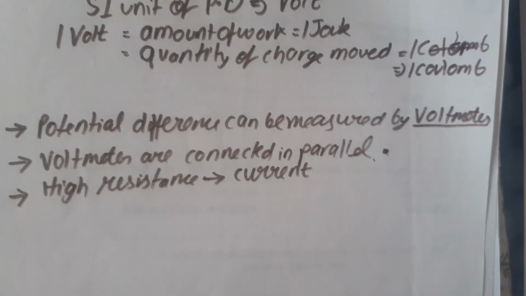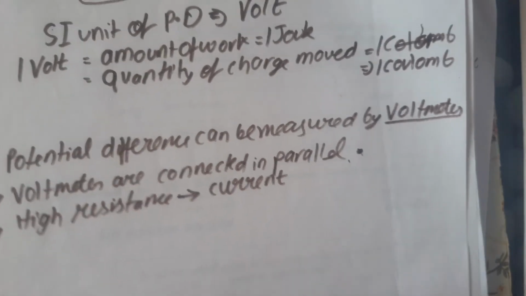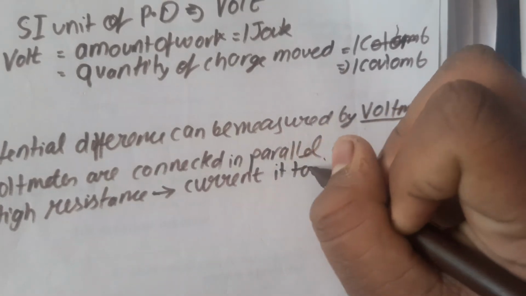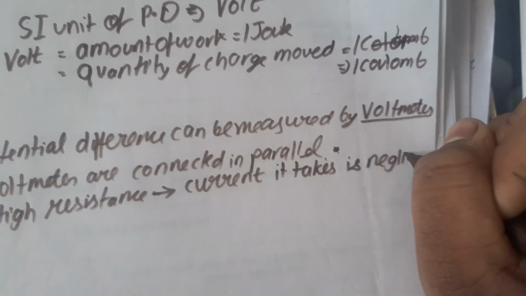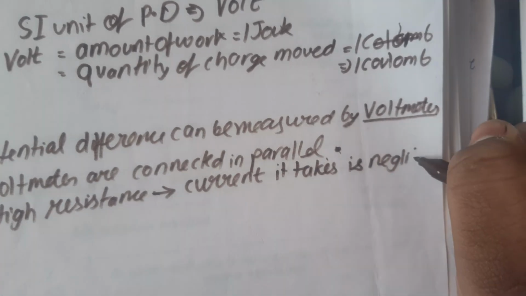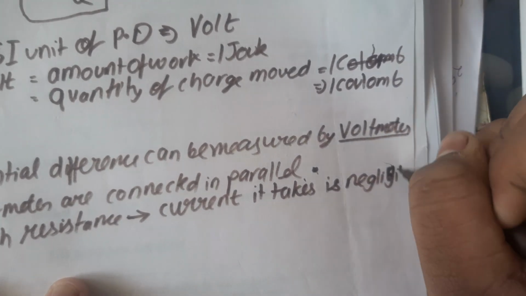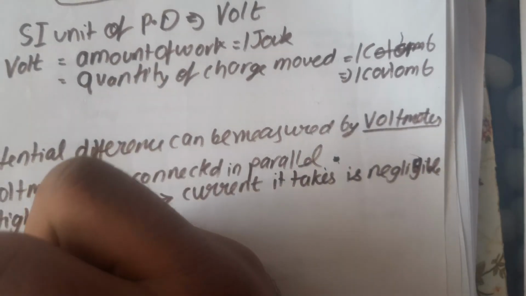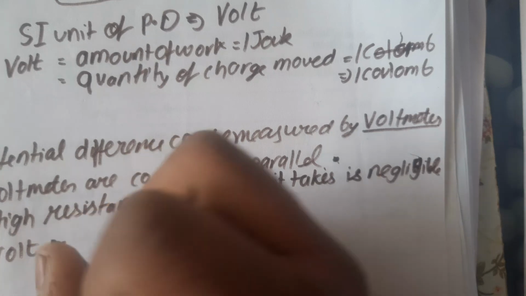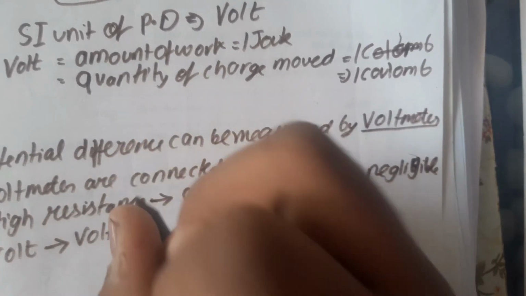Even though it is a small amount of resistance, still there is. So the voltmeter has a very, very high resistance, and due to this, the current it takes is negligible. It doesn't take any current. And volt is also known as voltage. This is for your general knowledge. Volt is also known as voltage, the larger form of this word.